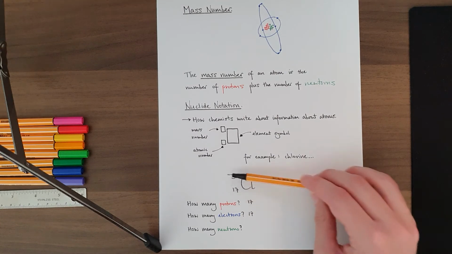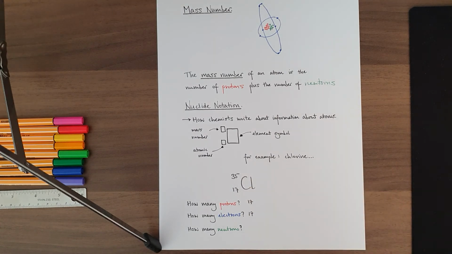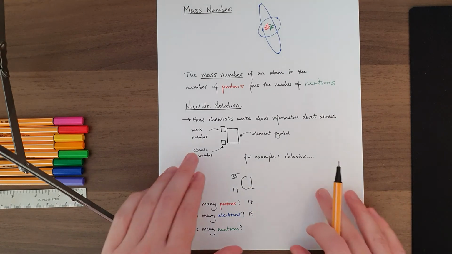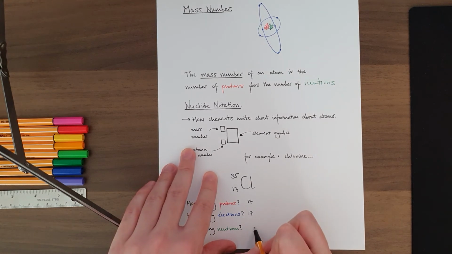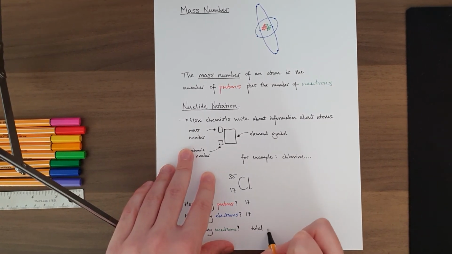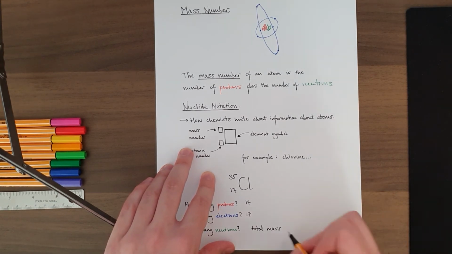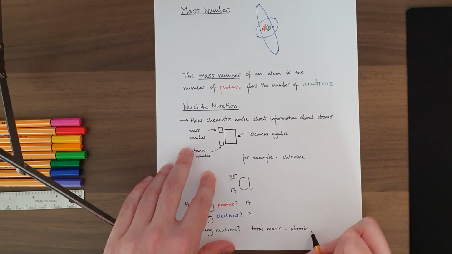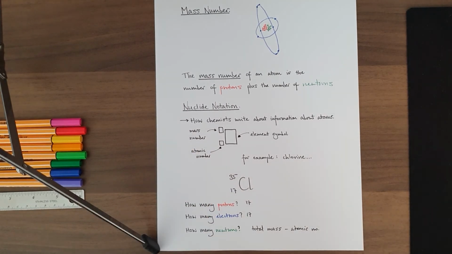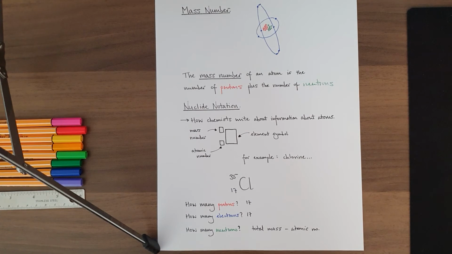So using those two numbers, I should be able to figure this out. The way that I do that is just take the total mass, or just the mass number, basically, and from that, take away the atomic number. And then it should be dead easy.